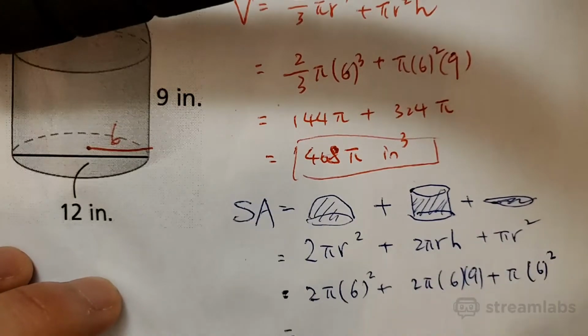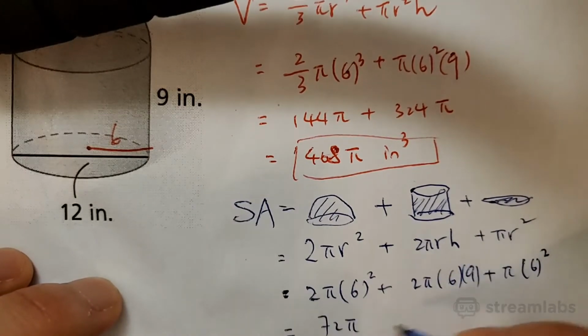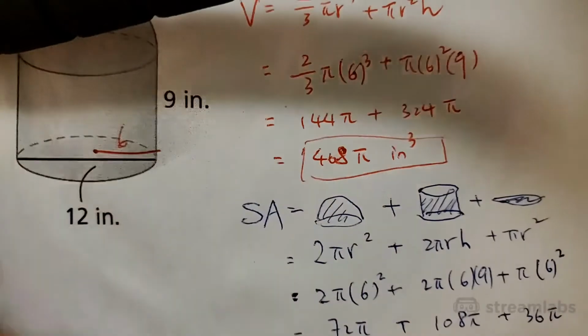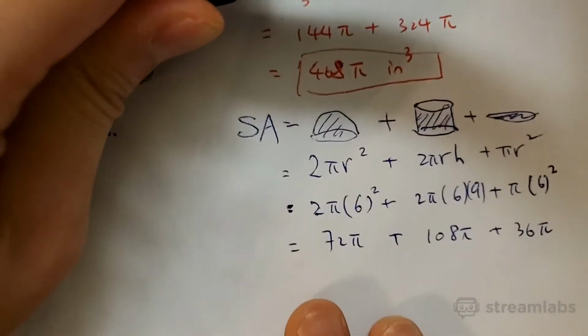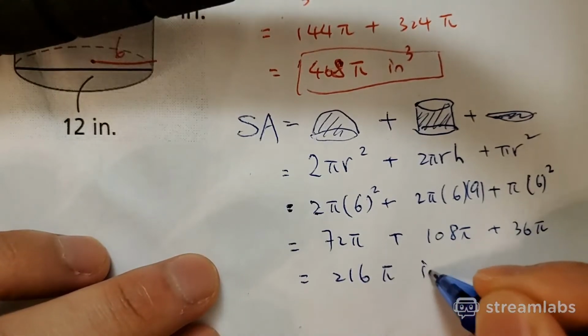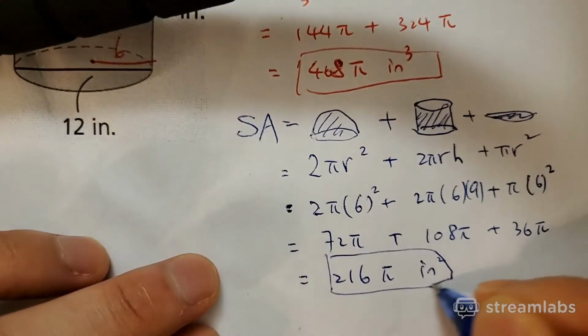So together, 72 pi plus 108 pi plus 36 pi. Altogether, 216 pi inches squared. Okay?